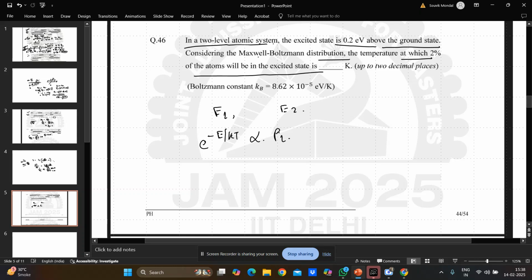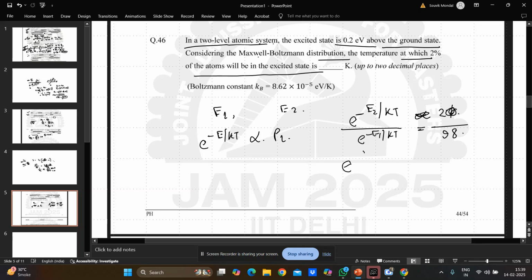Okay, so this is the number density, suppose. So e to the power minus E to the higher excited state is proportional to 2%. Then the rest of the atoms will be in the ground state. So 98% are in the ground state, right? So this is the scenario, 2 by 98. Okay, so 2% in the excited state and 98% in the ground state.